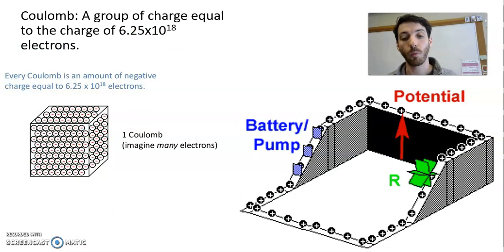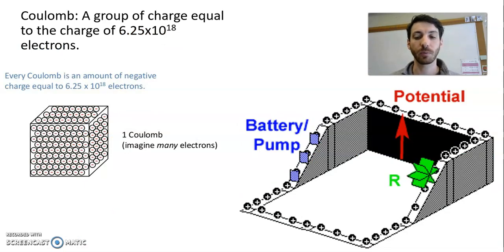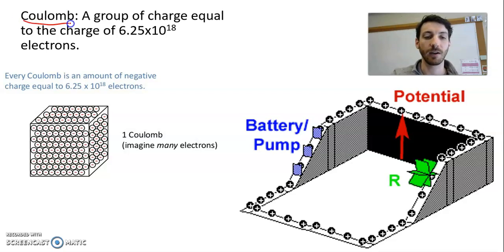So one more conceptual piece that we'll talk about now is the idea of a coulomb. Rather than trying to measure the charge of individual electrons, which is an incredibly small charge, we group charges together in groups called a coulomb. A coulomb is just a group of charge equal to the charge of that many electrons.